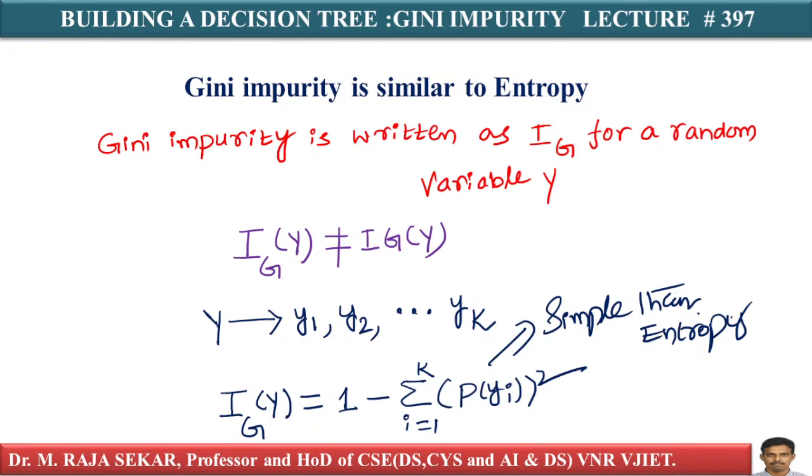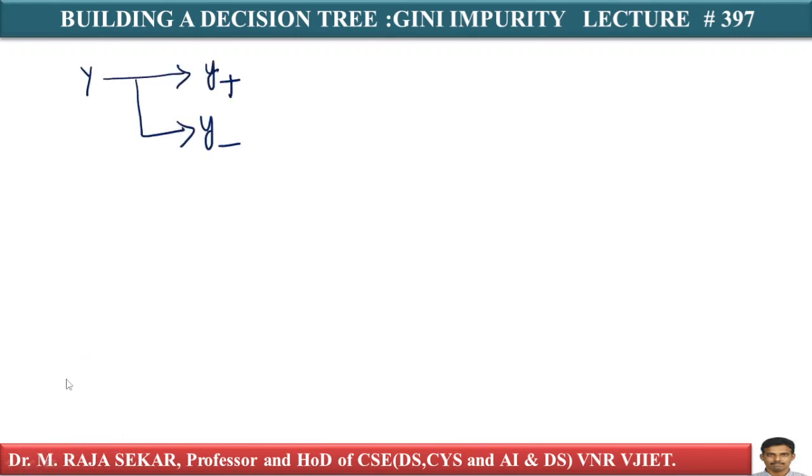So let's take a simple case. Let me assume y is a random variable which takes two possible values, a positive class y plus and a negative class y minus. Let me consider case 1: probability of y plus is 0.5 and probability of y minus is 0.5, equiprobable.